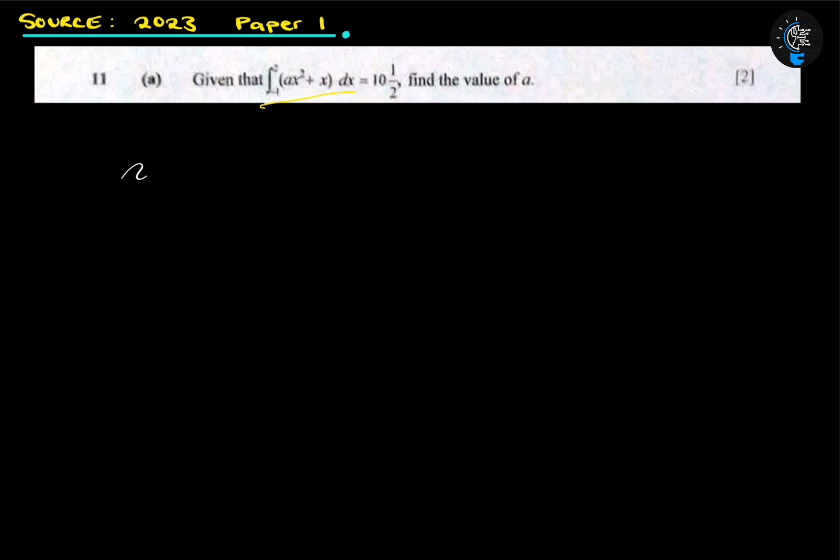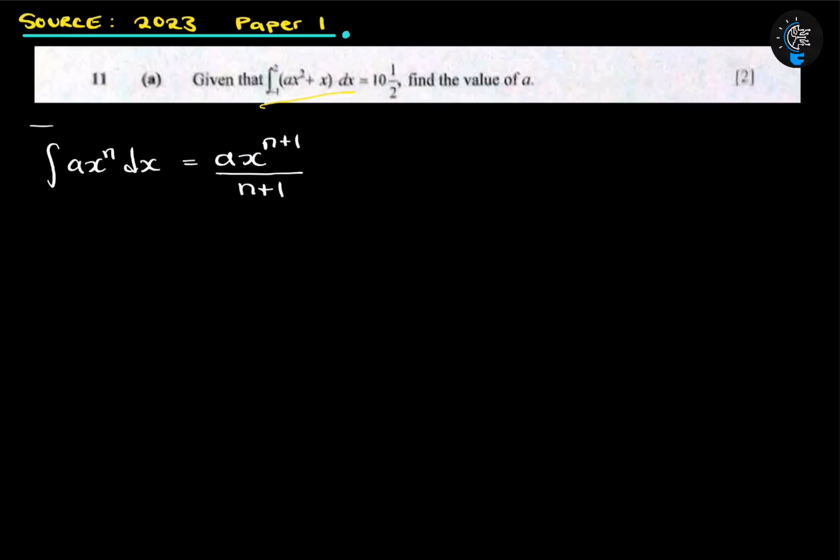Okay, so one thing you need to know is that each time you are told to integrate, you need to put this rule in your mind. In a case you've been given a x to the power n dx, and you're told to evaluate this, you need to maintain your constant. So a will be the same, then x will be to the power n plus 1 divided by n plus 1.